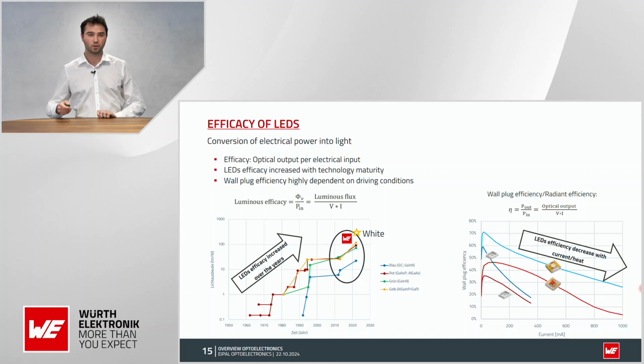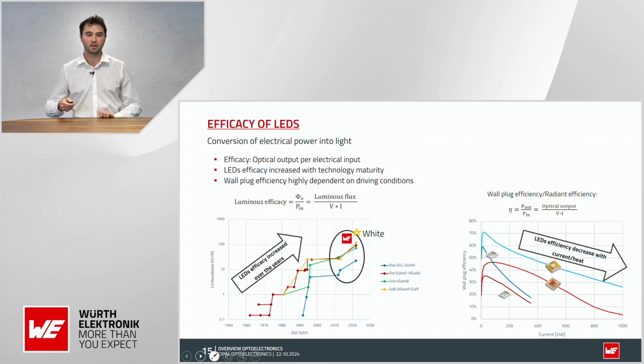Another thing I want to show real quick is some efficacy of LEDs. I just want to show you here some data. The first red LED was developed in the 1960s. And you see that the amount of light was increased a lot over the decades. The efficiency, or efficacy, increased and increased, and now we are orders of magnitude better than we used to be in the past.